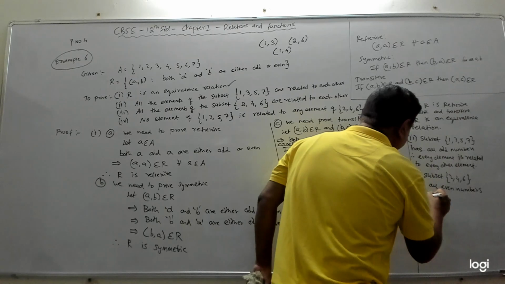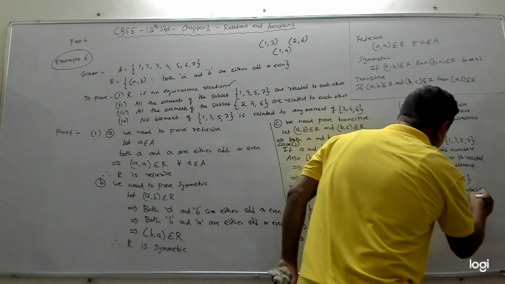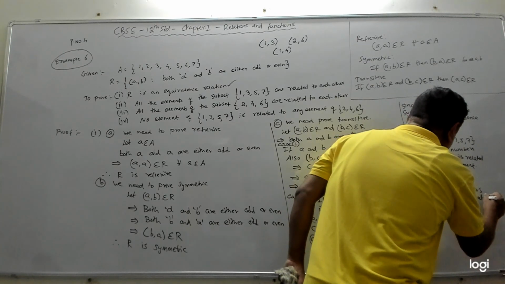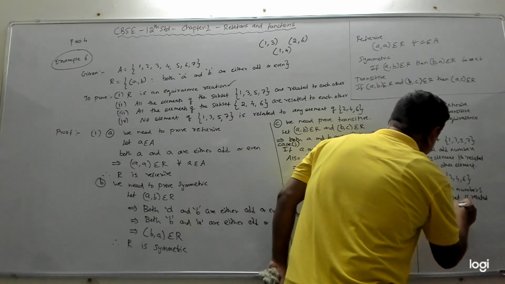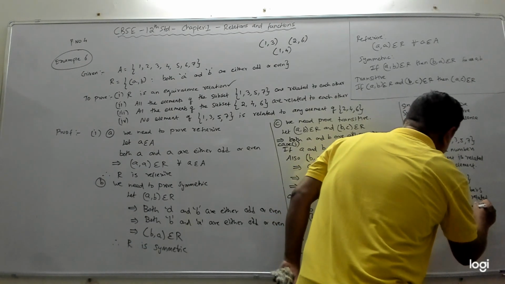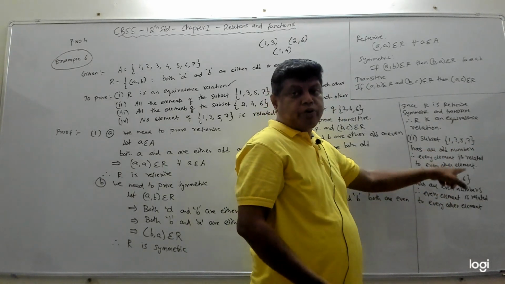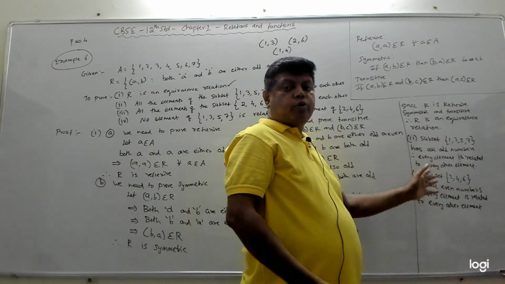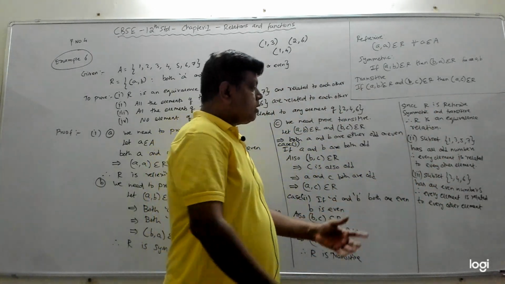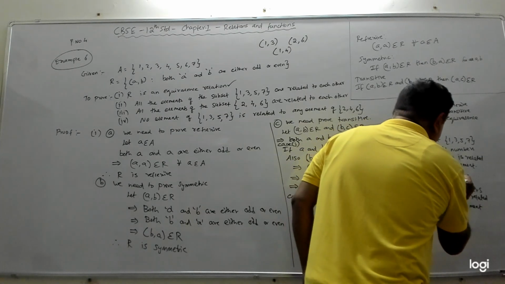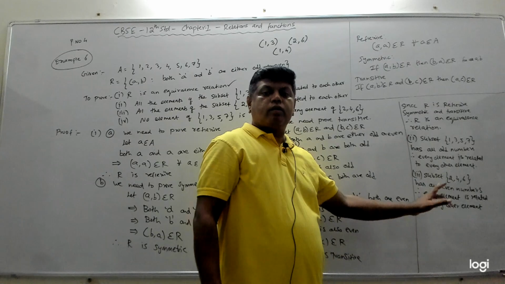Therefore, every element is related to every other element of the subset, which means 2 is related to 2, 2 is related to 4, 2 is related to 6, 4 is related to 2, 4 is related to 4, 4 is related to 6, and so forth.